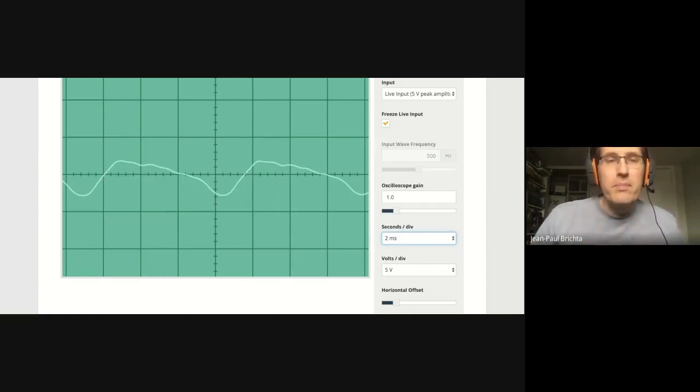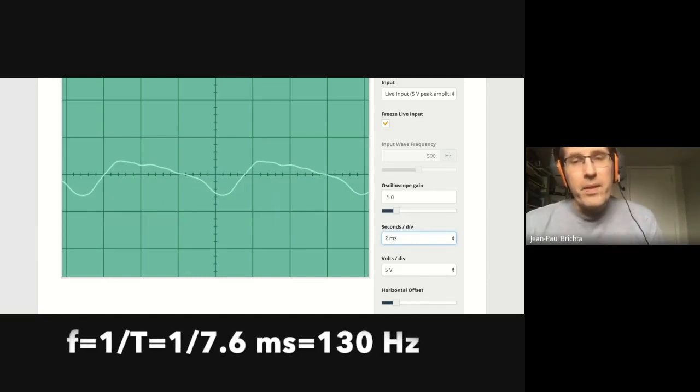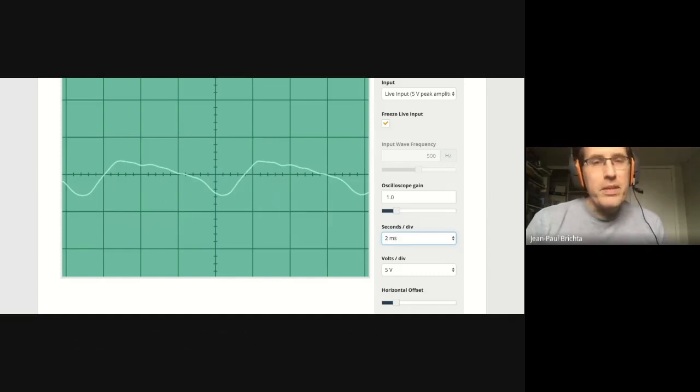And if I want to know what the frequency of that is, well, I just have to take the reciprocal. 1 divided by 7.6 milliseconds. And that will give me the frequency, at least to some reasonable value.